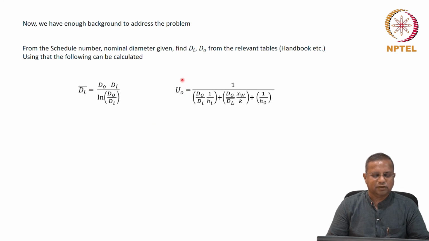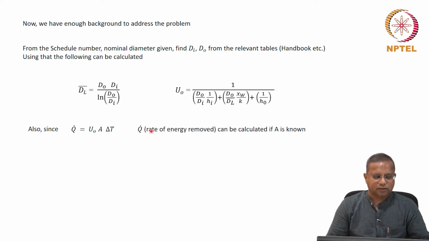The heat transfer coefficient based on the outer area of the inner pipe is whatever we have already seen: 1 by [d naught by di times 1 by hi plus d naught by dl hash times xw by k plus 1 by h naught]. Also, since q dot is U naught A delta T, q dot is nothing but the energy removed, which can be calculated if area is known.